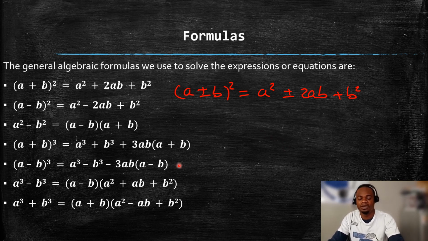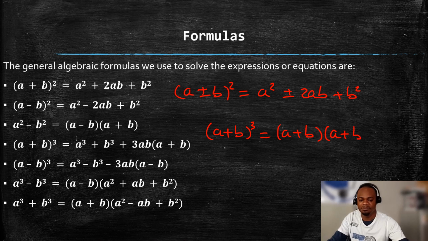Those are basically some important formulas you may need to know to quickly solve some algebraic expressions. Now, sometimes if you don't memorize those formulas, especially the perfect cube, when they say (a plus b) cubed, this is the same as (a plus b) times (a plus b) times (a plus b).